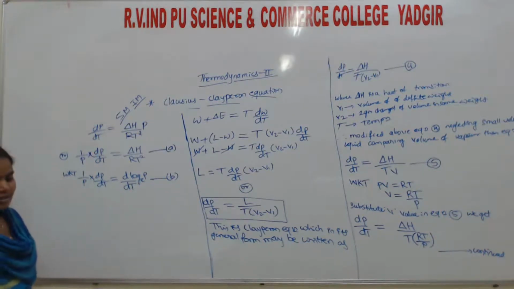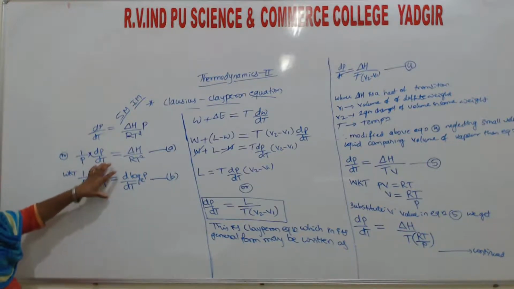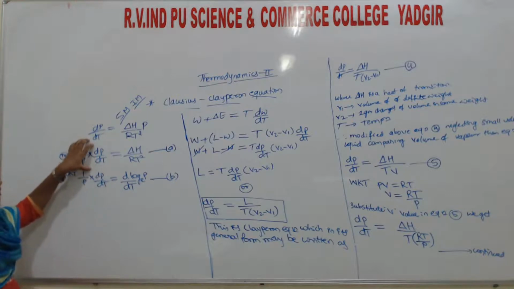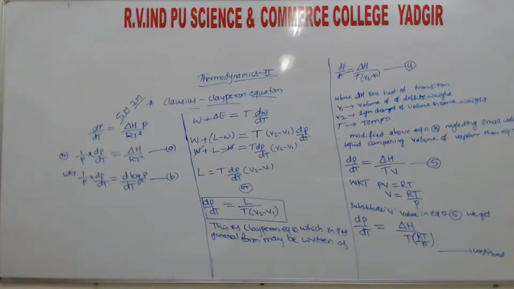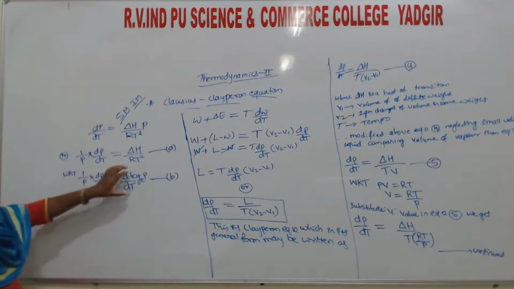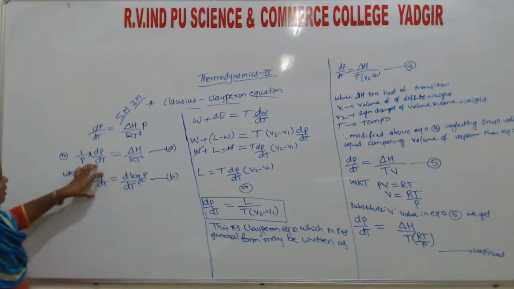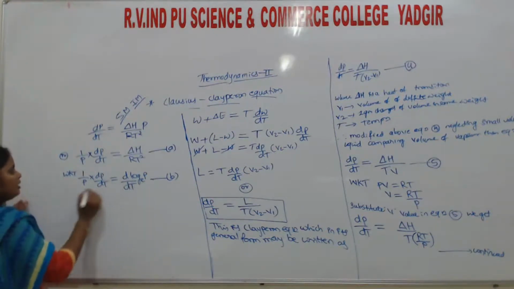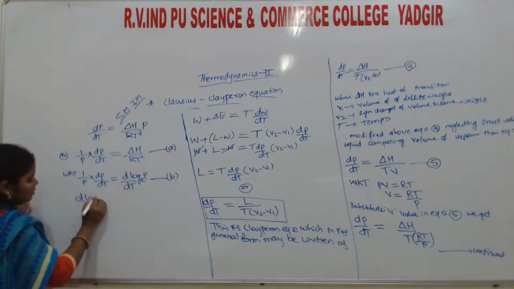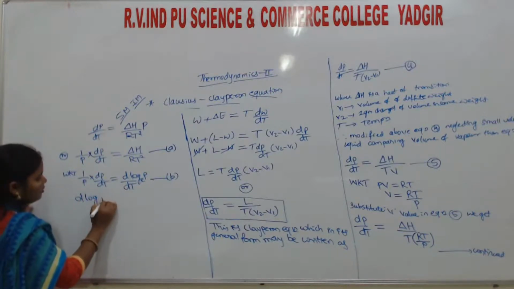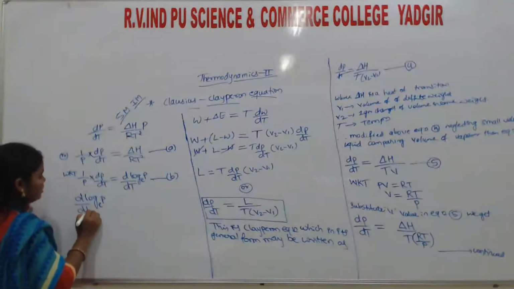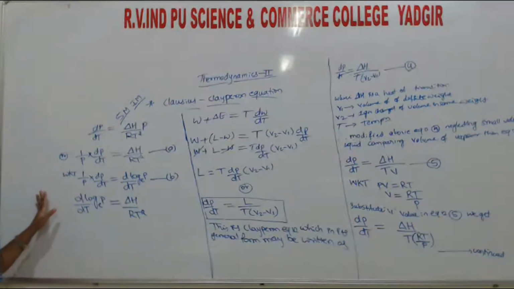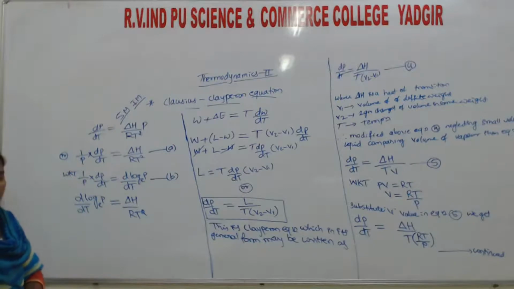Finally, you substitute this value in this equation number A. Then we get d log base e P, pressure, divided by dt is equal to delta H divided by RT square.